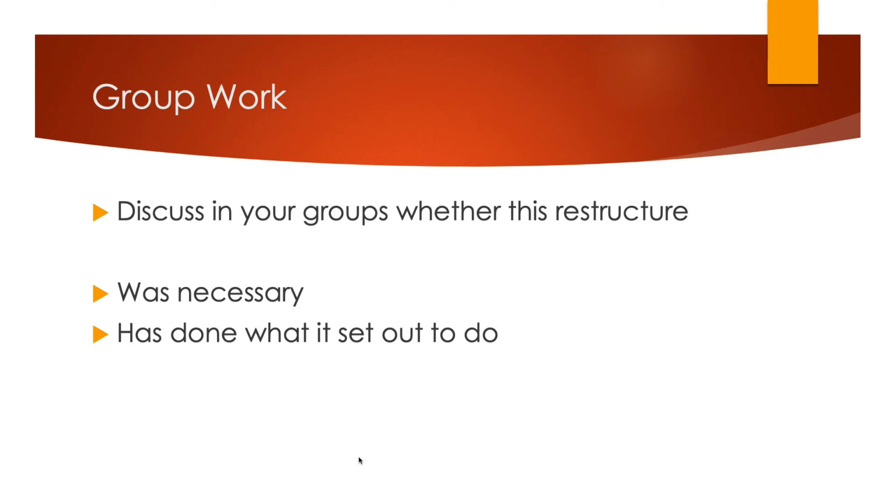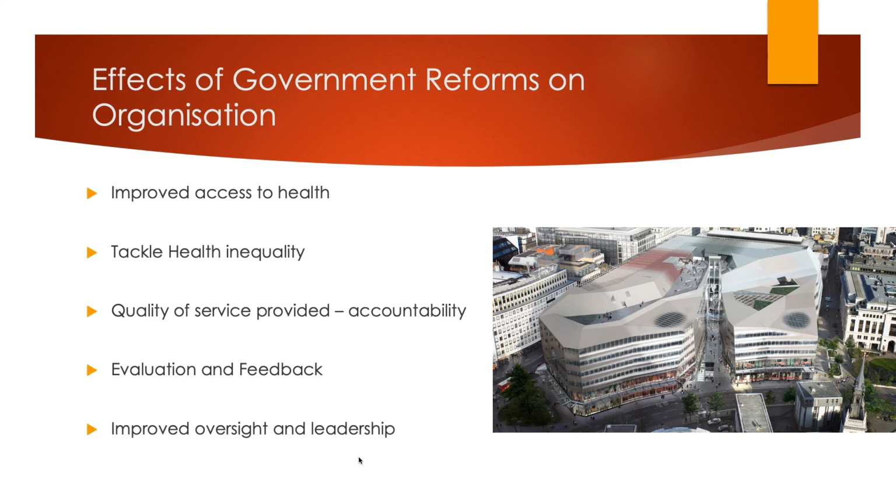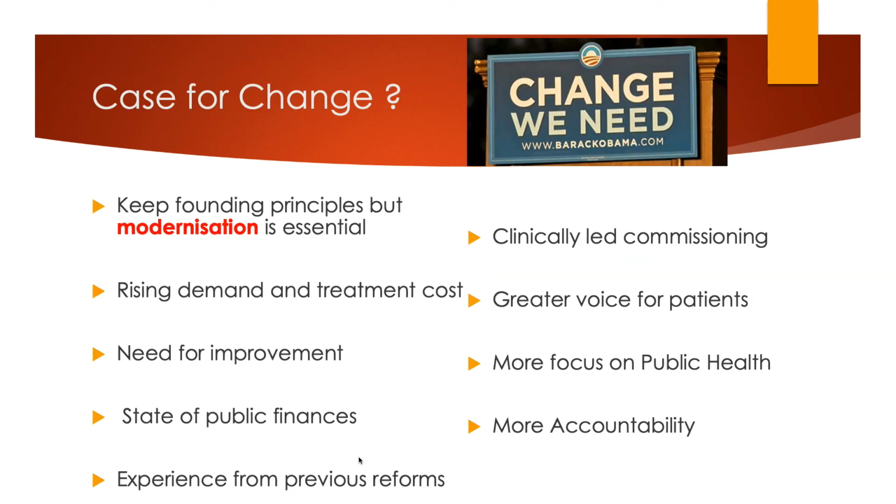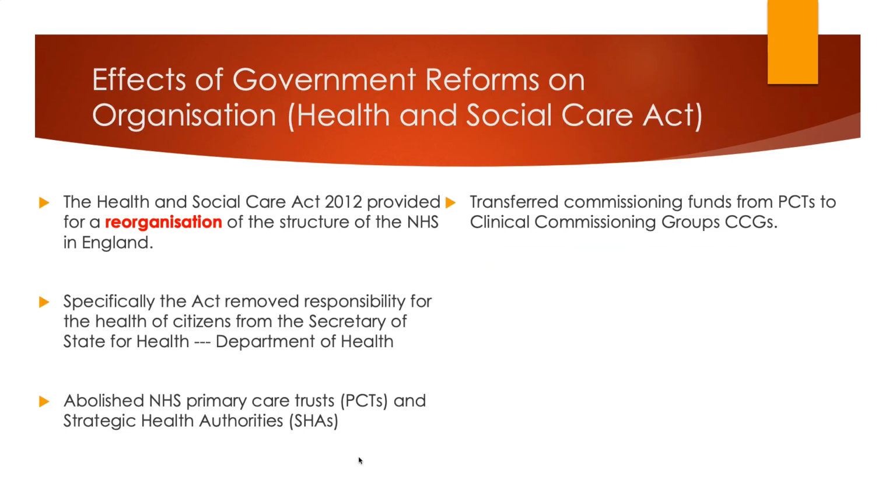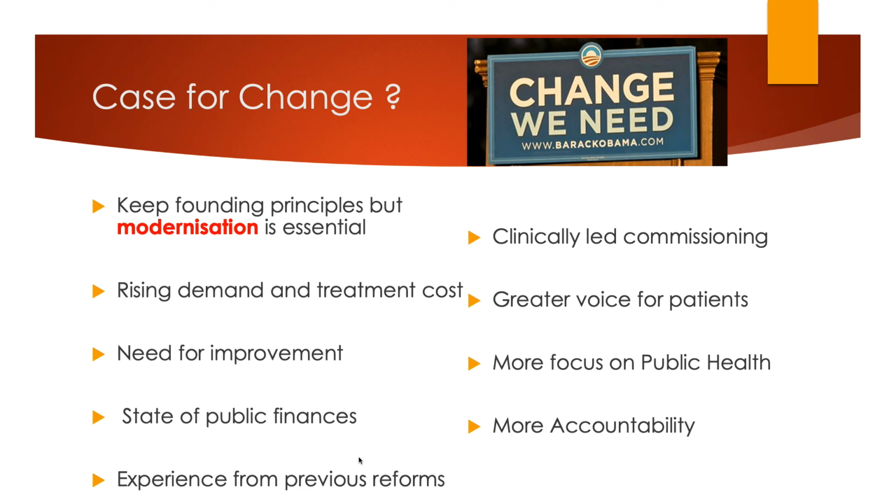And would you say that it has done what it set out to do? Just to recap, this is a very short kind of criteria. We've got 4 questions that I want you to bear in mind. What is the restructure? What did the restructure actually do? Why did we need it? This is their case for change.